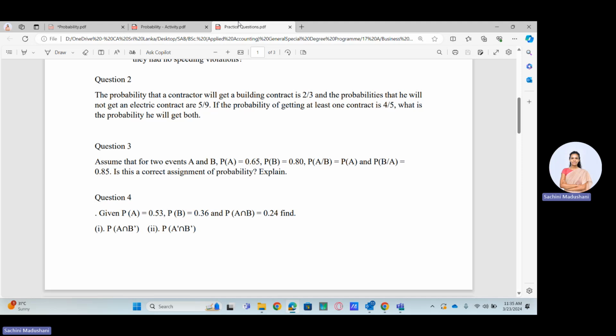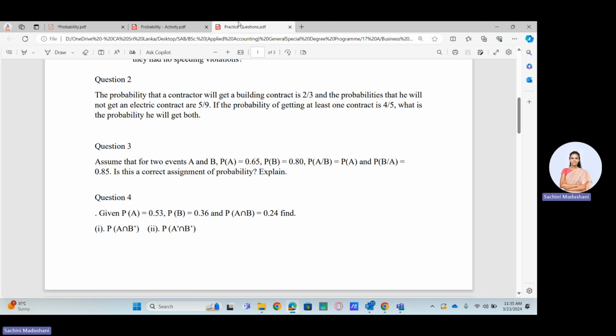Then these do not represent the circles. The remaining part of the rectangle represents that one. A dash means A will not occur. B dash means B will not occur. The intersection sign means both. And A will not occur and B will not occur, or we can say both will not occur. Both will not occur is represented as the remaining part, which means the complement of the union.